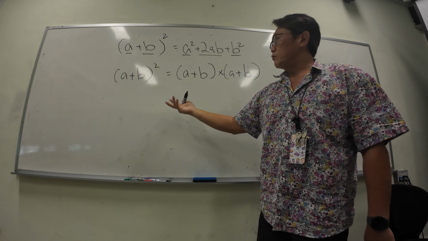AB means A times B. BA means B times A, or you can also write it as A times B. Okay? Then back times back. Because these terms are the same, you will always end up with 2 times A times B in the middle.